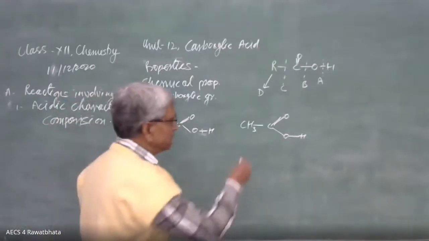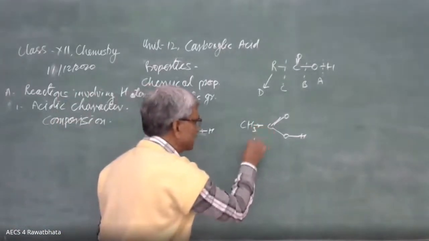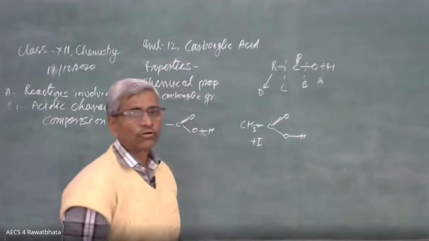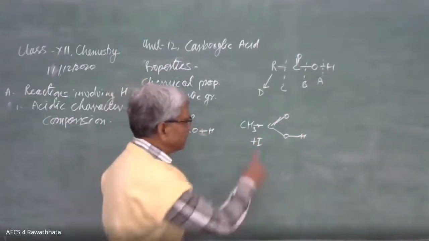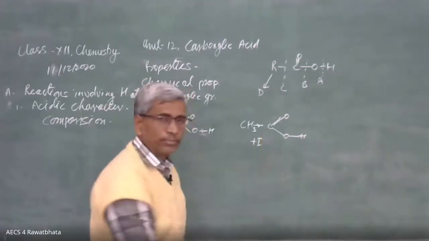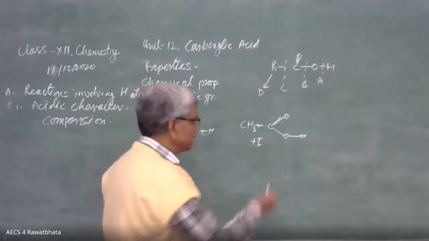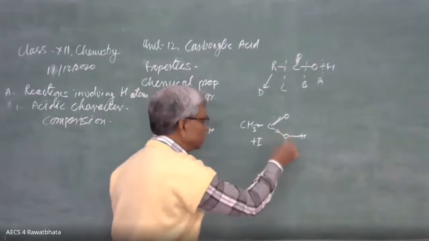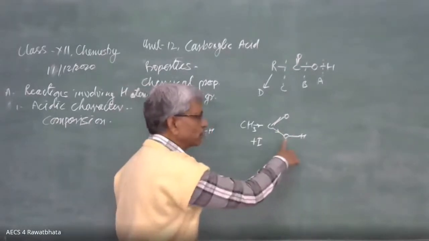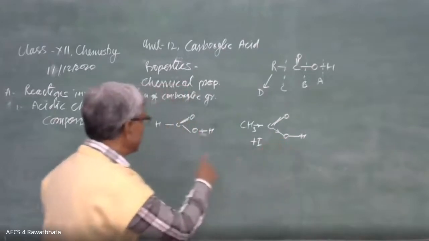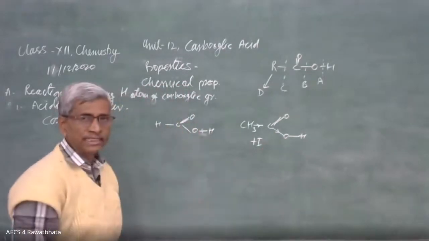In acetic acid, this CH3 has plus I effect, electron releasing inductive effect. Because of that, electron density over carbon increases, and this electron density transfers towards the oxygen side. This oxygen has more electron density in acetic acid as compared to formic acid.